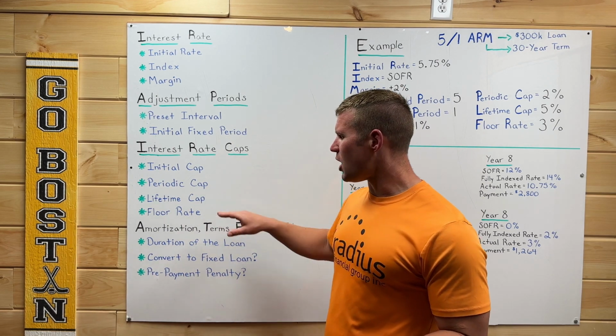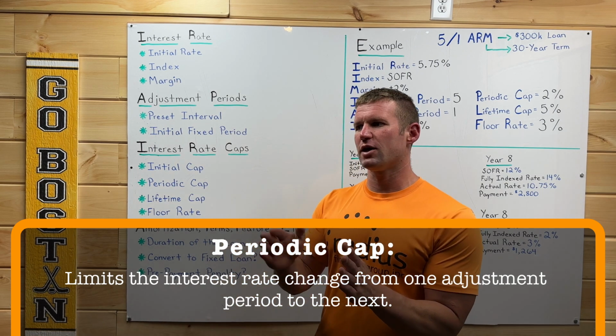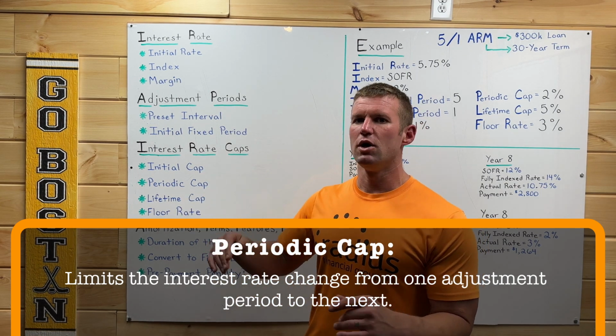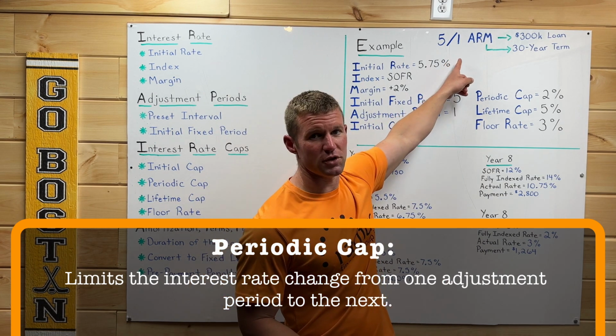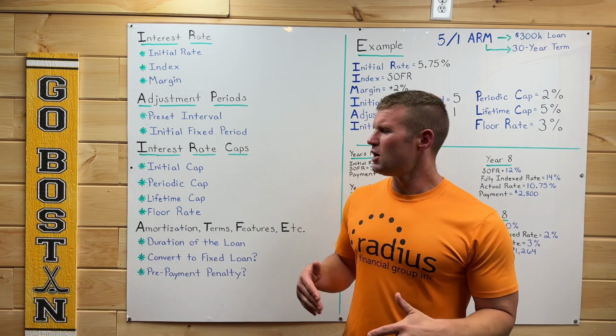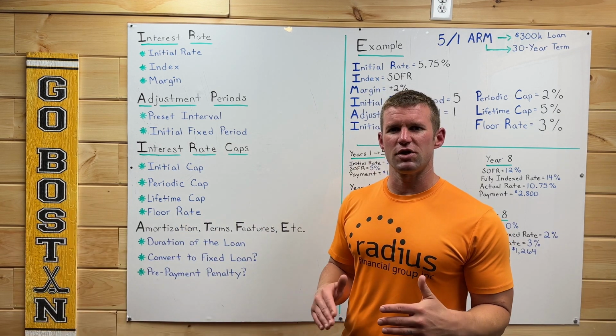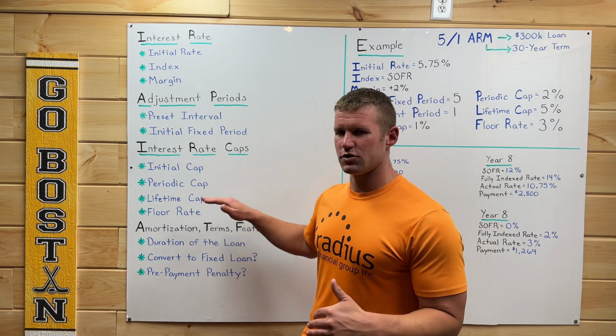And then you have a periodic cap, right? A periodic cap essentially says it can't go up by more than X amount during the preset intervals, which in this example is the 1. Not the same thing as the initial cap, but it's just saying that every time the interest rate changes, it can't go over a certain amount.